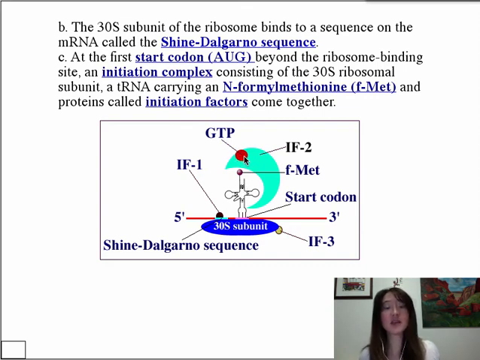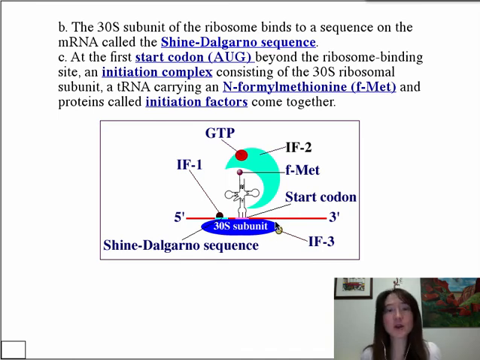So GTP is going to provide energy for the snapping off or starting point of the initiation phase. We also have a couple of other initiation factors, IF1 and IF3. IF3 is pretty rad too, because what IF3 does is it makes sure that we don't see premature association of the 50S ribosomal subunit prior to the formation of this initiation complex.